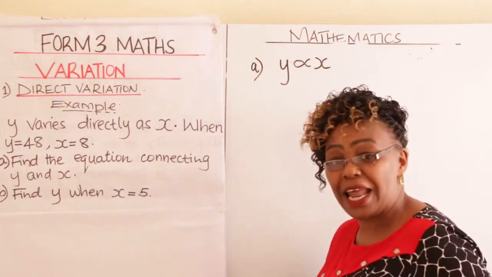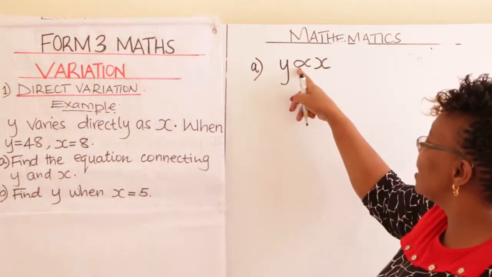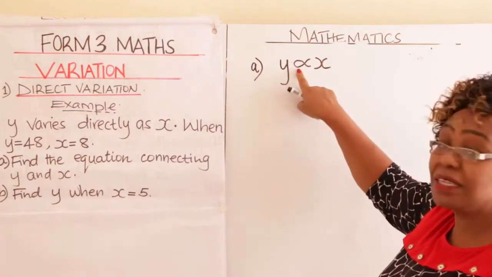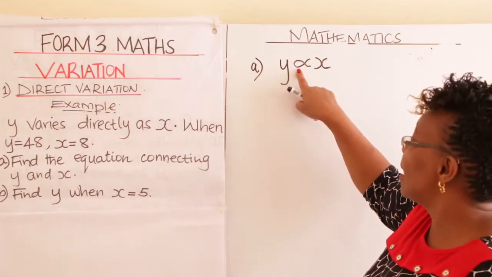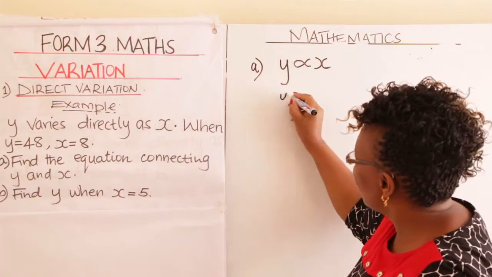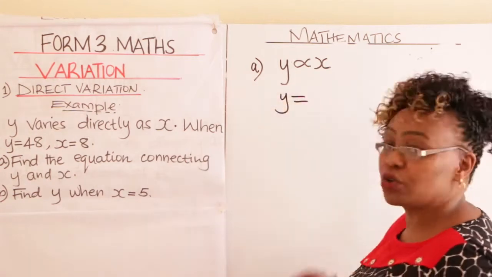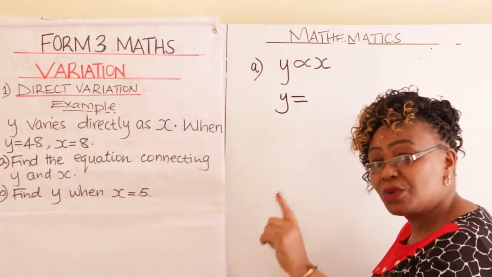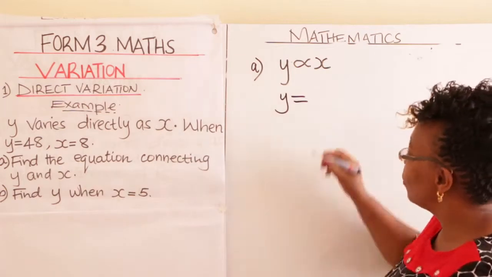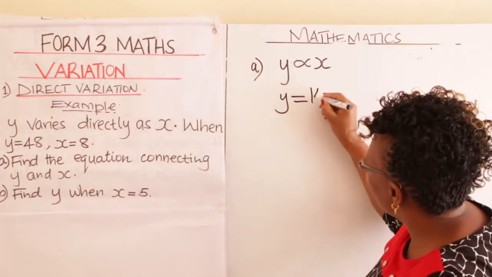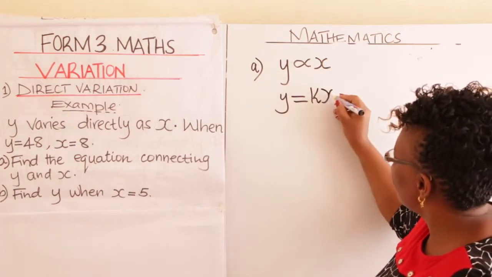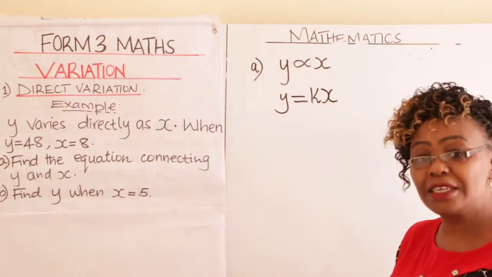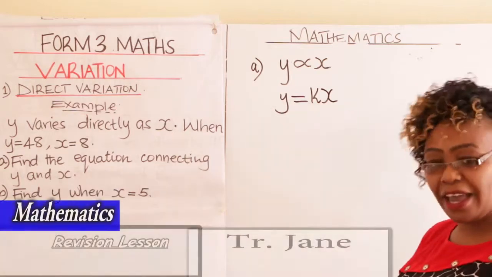The second step, learner, is to introduce an equal to here. Replace your proportionality sign with equal to. So you write y is equal to. Once you replace it with equal to, you introduce what we call k here, and let it multiply this other quantity. So k times x gives us kx.